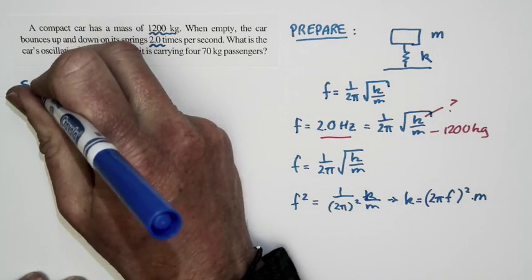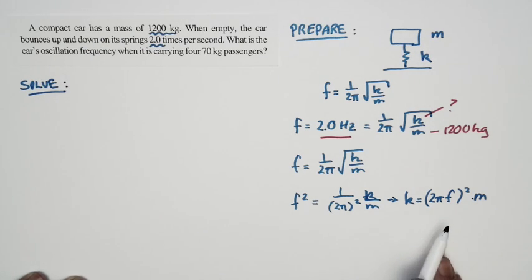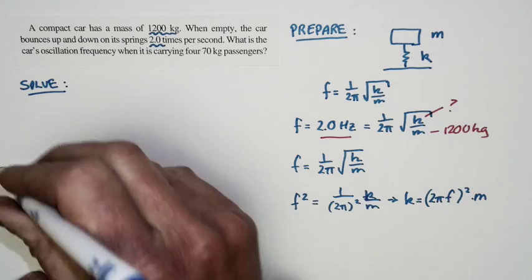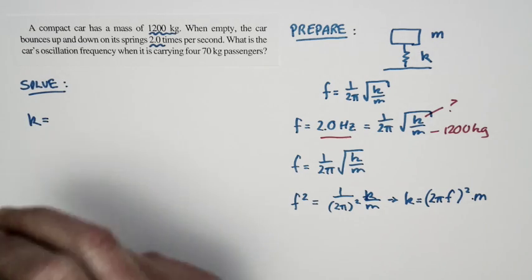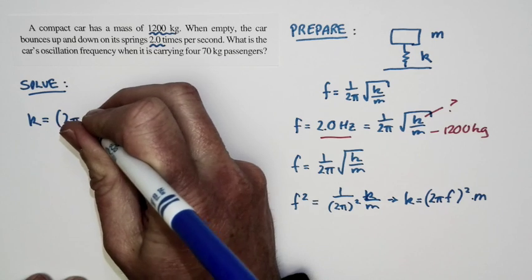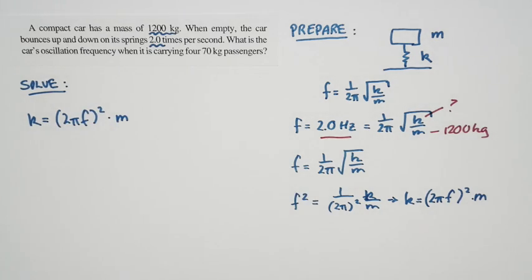My first step of the solution is going to be to figure out the spring constant for the car by using the data from when it's empty. And for that, it's just k equals (2 pi f) squared times m. I'm looking for the situation when the car is empty.